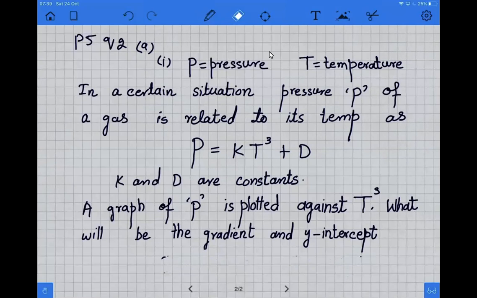So this is the question basically. Now what you are going to do, you will compare the given equation with y is equal to mx plus c.